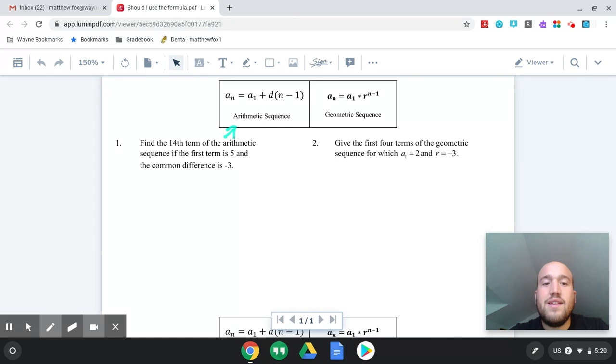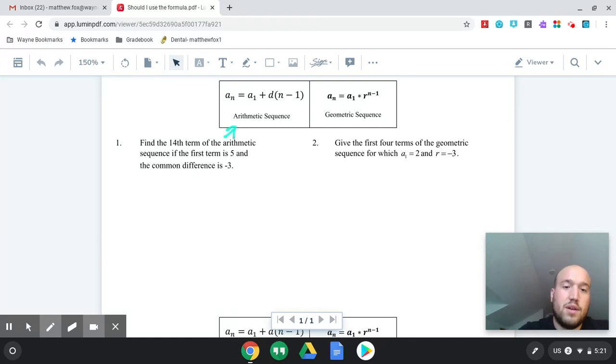Now, anytime it asks for a term that's way off in the future, for example, if it asks for the third term, it's probably quicker just to find what the third term would be. But the 14th term, for us to find 14 terms, that's going to be a lot of places where we can make a mistake. It's also going to take a little longer, and then we're going to have to count them up and figure out, is this actually the 14th term? So anytime it's something that's out in the future, that's when we want to use this formula.